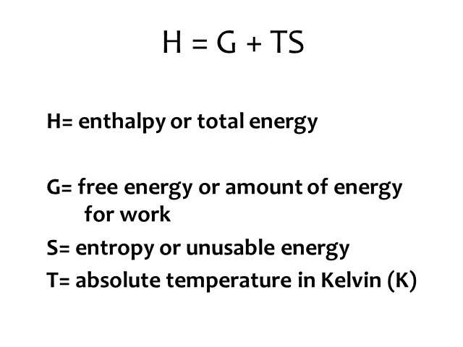And we have our usable energy, G, and to that we add our unusable energy. So we're going to have S, which is our entropy or unusable energy, and this entropy is related to temperature, so we're going to have a T, and this is going to be absolute temperature in kelvins.